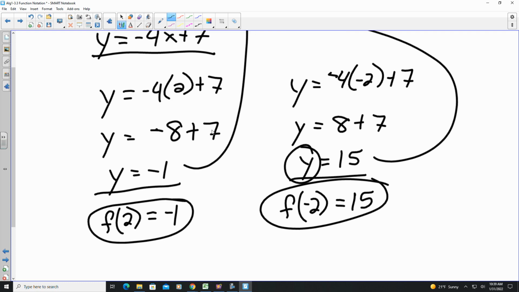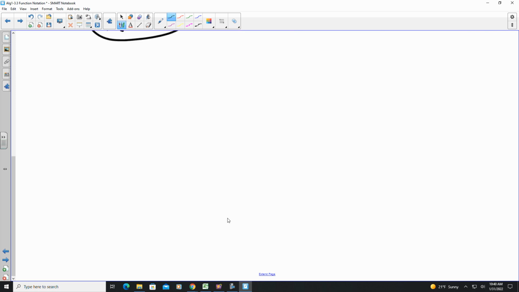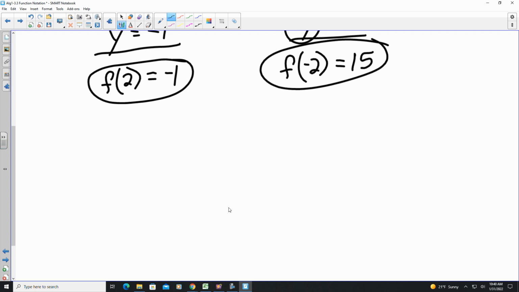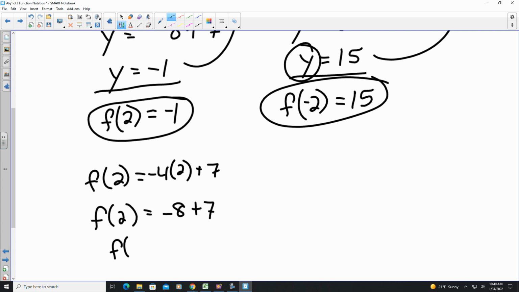Now, if you used function notation the entire time, it would look something like this. For this one, f of 2 is going to be equal to negative 4 times 2 plus 7. f of 2 is equal to negative 8 plus 7. f of 2 is equal to negative 1.